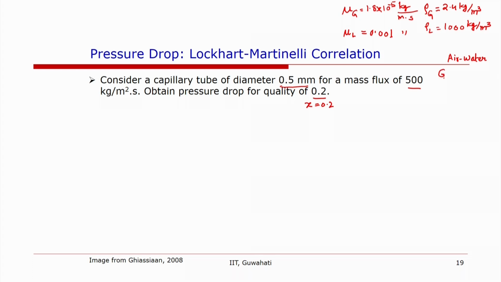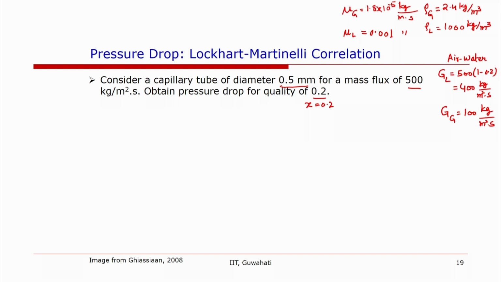The mass flux G is 500 kg per meter square per second. So, we have G of liquid equal to 500 into 1 minus 0.2, which is 400 kg per meter square second, and G of gas is equal to 100 kg per meter square second. Okay.